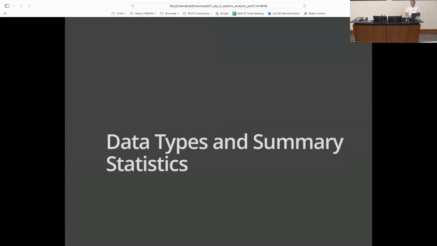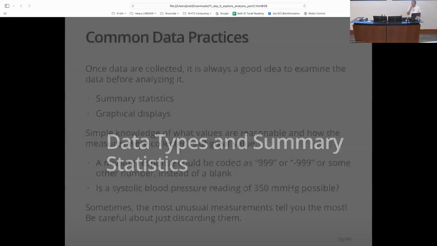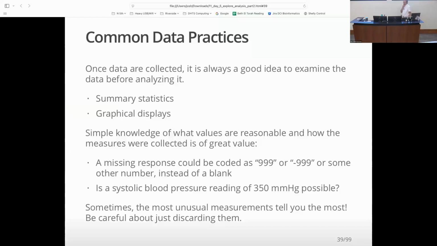Okay, so let's talk about data types and summary statistics. And again, this is pretty basic, and probably a lot of people are familiar with this, but I think it is helpful even if you are familiar. Some people maybe aren't, and this is your first time thinking about it.